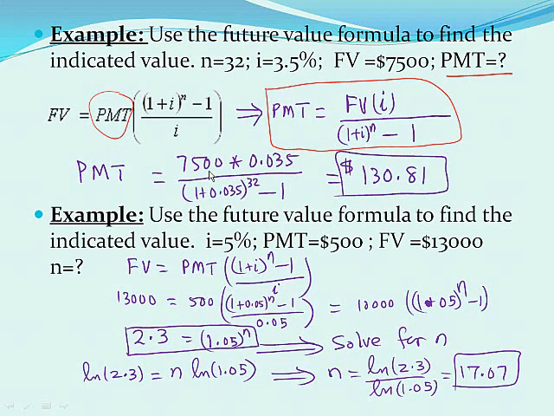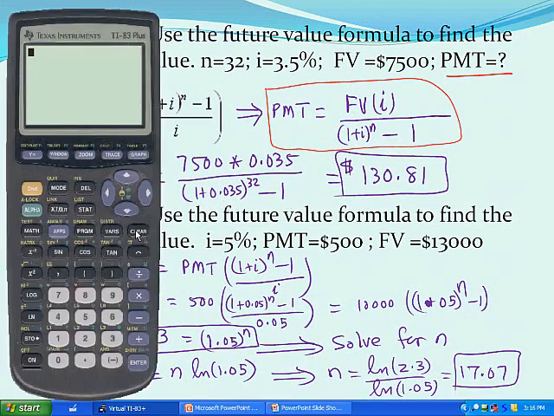So substitute the given values. 7500 times 0.035 divided with 1 plus 0.035 to the power 32 minus 1. You need to enter this in the calculator carefully.